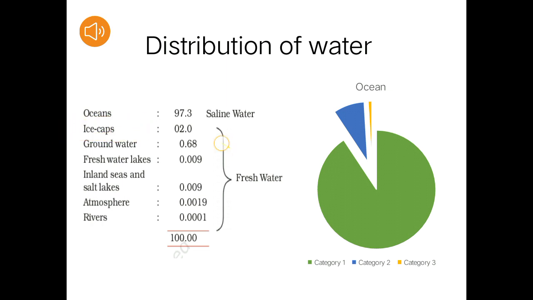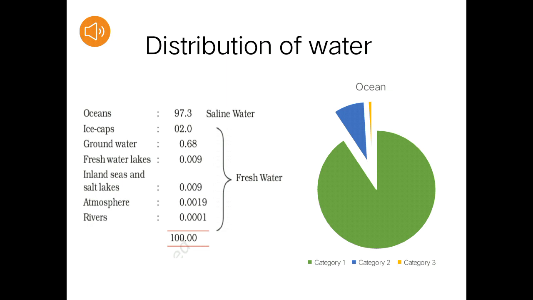Only 0.7% of water is found in rivers, lakes, wells, etc. That's why there is scarcity of water.